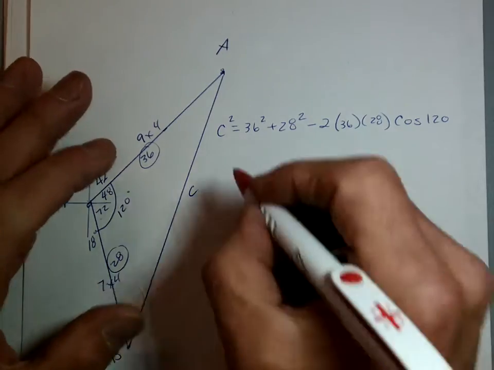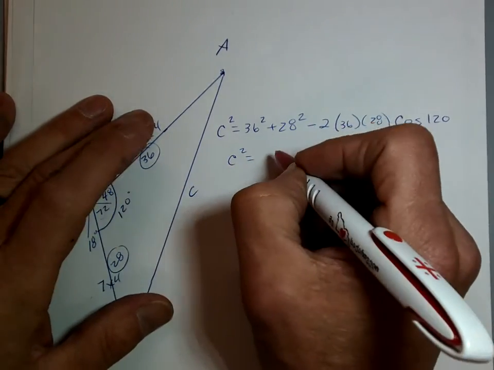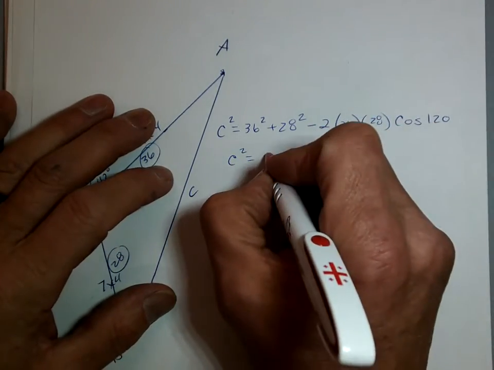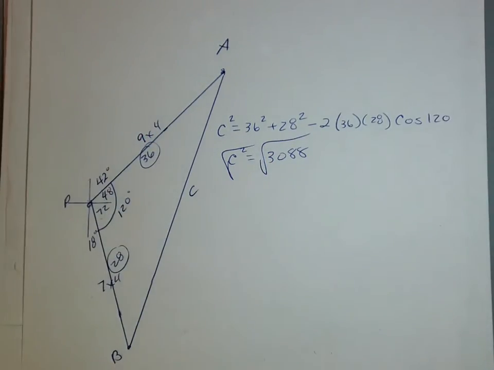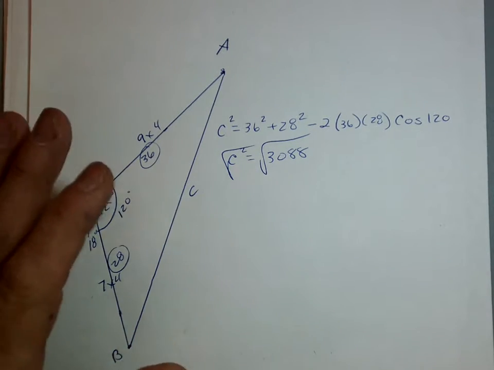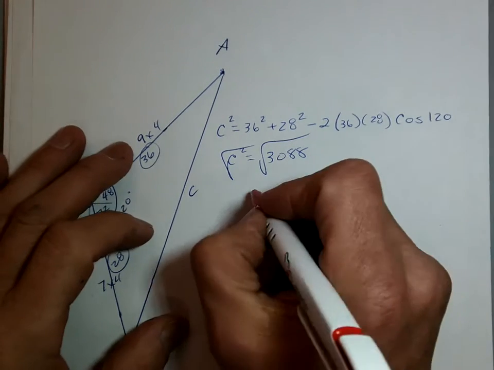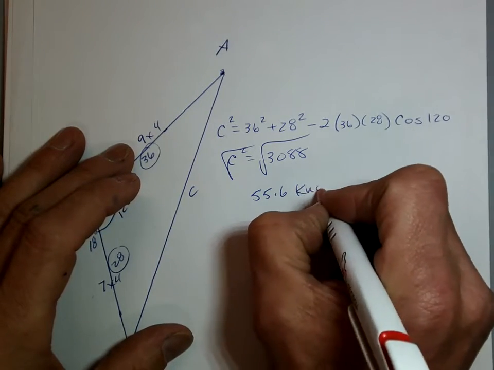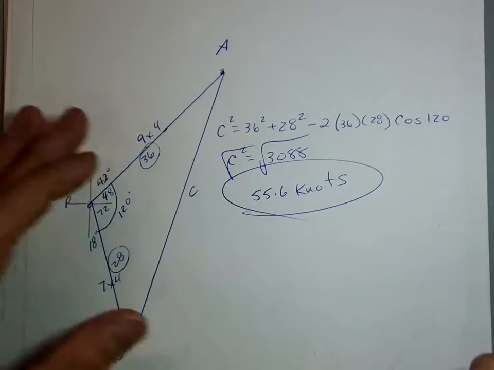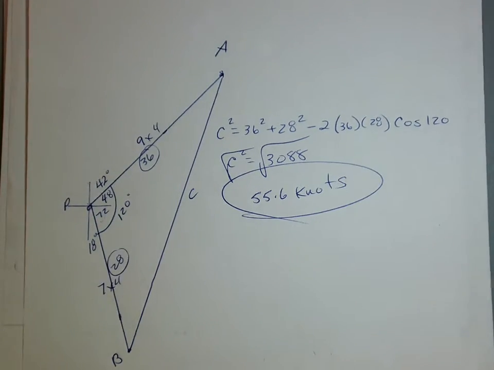Okay, and I get c squared is equal to 3088, square root, and I get an answer of about 55.6 knots.